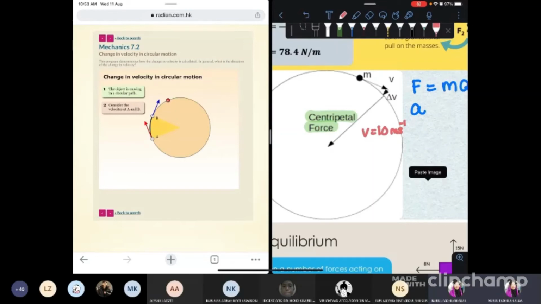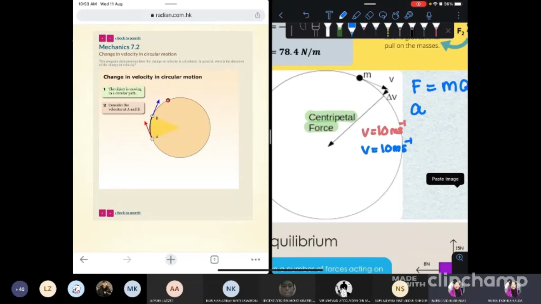V the red one, and then V blue also equals to 10 meter per second. So the magnitude is the same. What is magnitude? Magnitude is the value. So the magnitude is the same. Nampak tak magnitude sama?